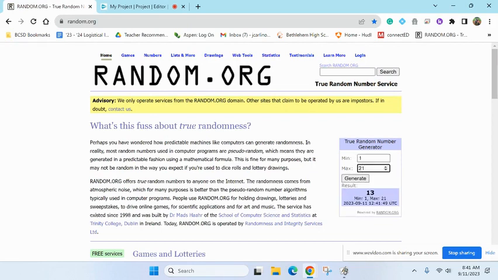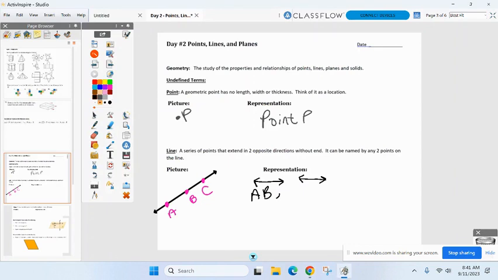Jonathan, give me another way to name this line. BC, fine. You could also go CA. The order doesn't matter, as long as you just give me 2 points. Could I also go line BAC? Yes, but a minimum of 2 points on the line. You can do more than 2. You can do 3, 4, 5, doesn't matter.